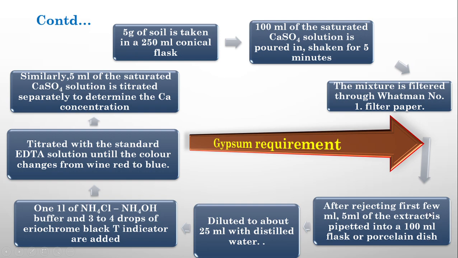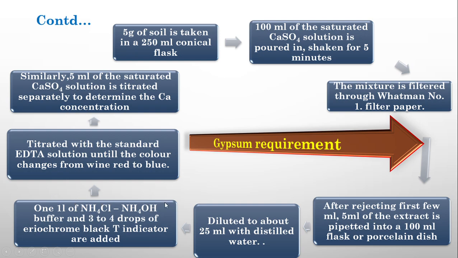we will allow it to settle for a few minutes, and after that we will collect 5 ml of the extract from that, and it is pipetted into a 100 ml flask or porcelain dish. We will take 5 ml of the filtrate into a 100 ml flask or porcelain dish. After that we will dilute it to 25 ml. Initially it was 5 ml. We will dilute it with distilled water to 25 ml, and then add ammonium chloride, ammonium hydroxide buffer.